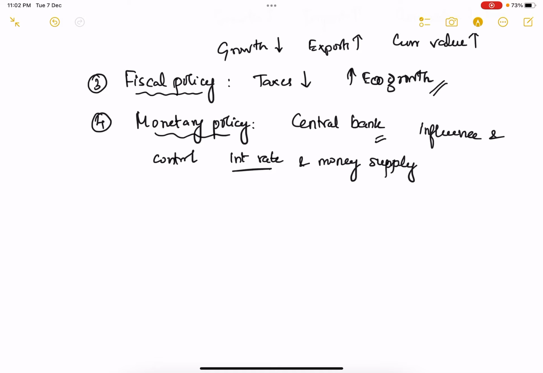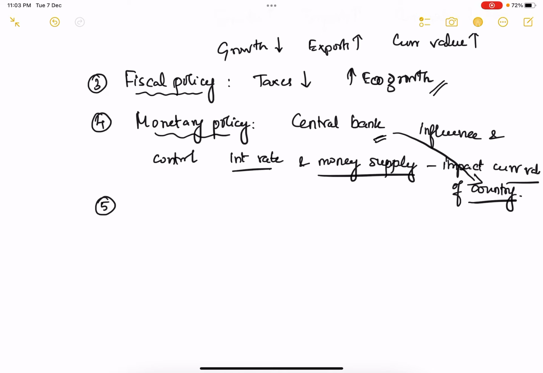When interest rate and money supply are being controlled, which means it's trying to change them, then obviously this will impact the currency value of the particular country where the central bank is. So the currency value of that country will change, and obviously the exchange rate movement will be high.